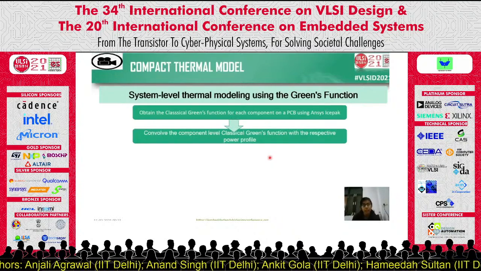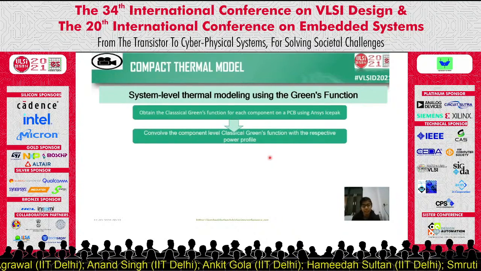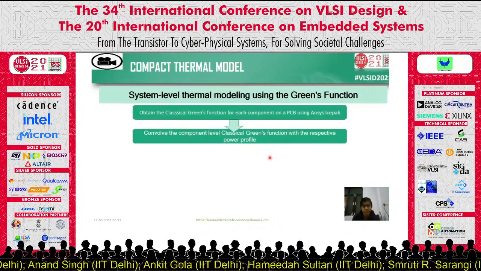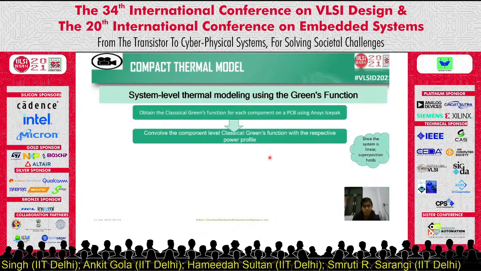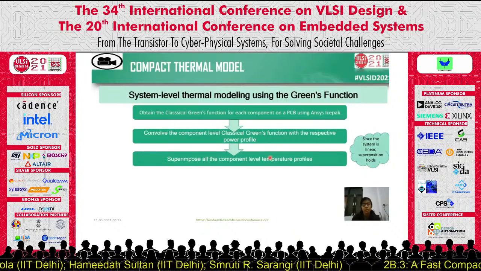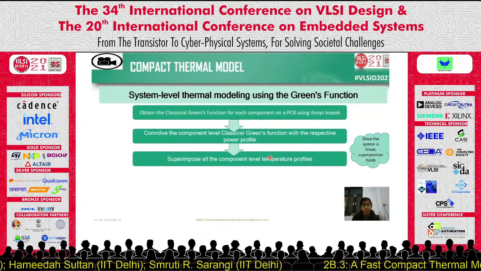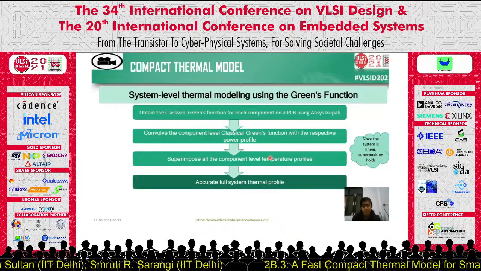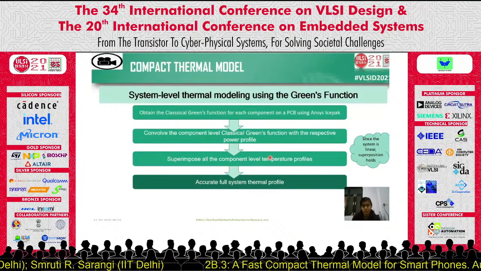Next, we convolve the component level classical Green's function with the respective power profiles. Now, since the entire system is linear, the superposition principle holds, and hence we superimpose all the component level thermal profiles to achieve an accurate full system thermal profile.